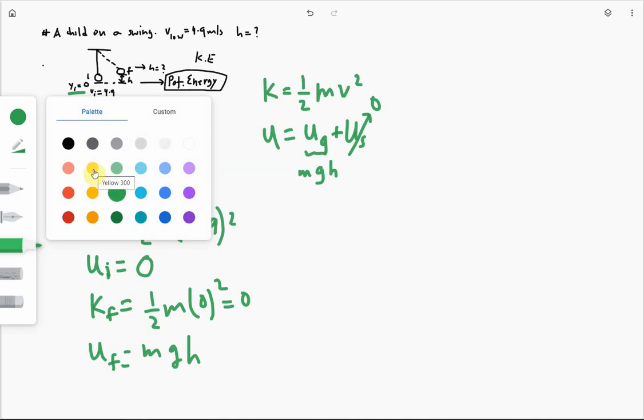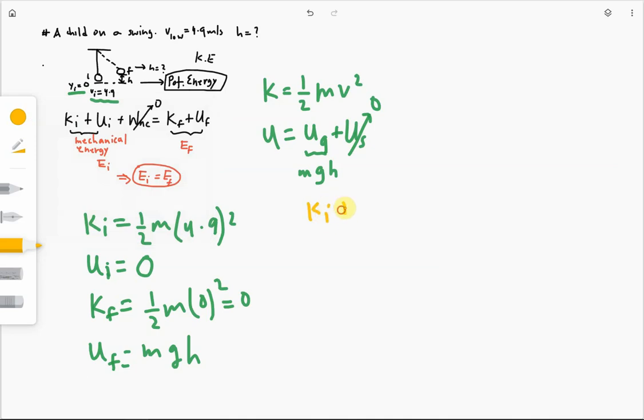Then let's write down our mechanical energy conservation fully. Okay, so we knew that Ki plus Ui equals Kf plus Uf. We have calculated all of these. Let's put it down. 1/2 m times 4.9 squared.